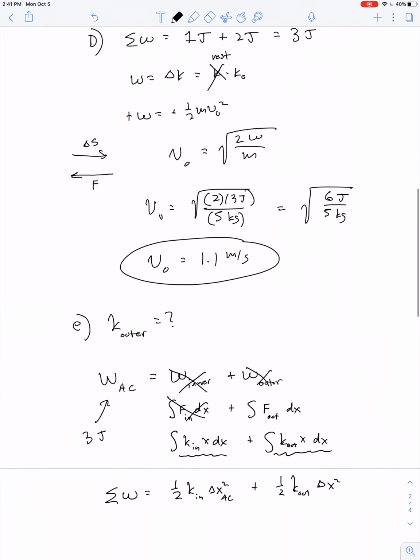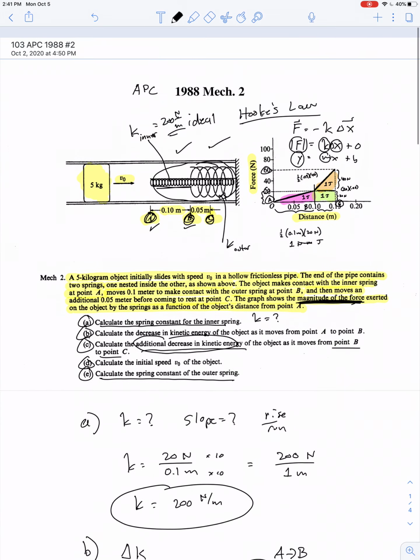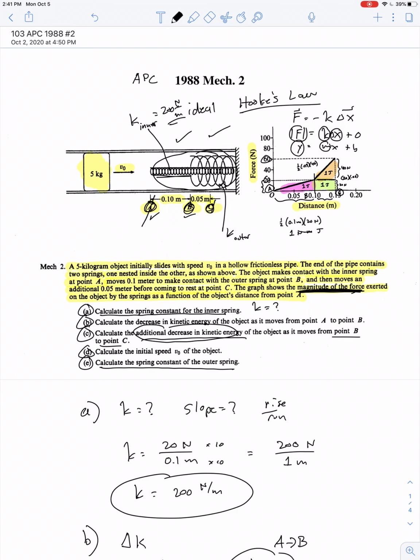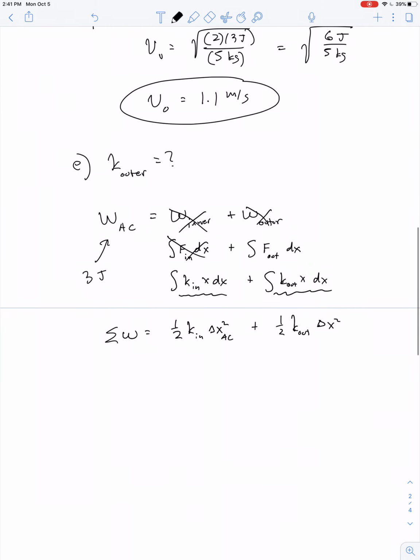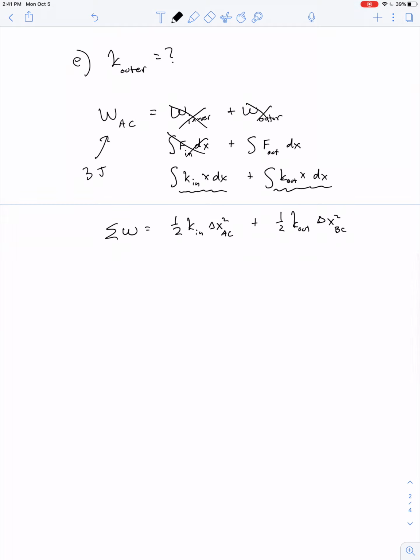But the outer spring isn't doing work from point A all the way to point C. It just does work from B to C, right? So this is delta x BC. Okay. We're trying to solve for k outer. So we'll multiply both sides of the equation by 2.